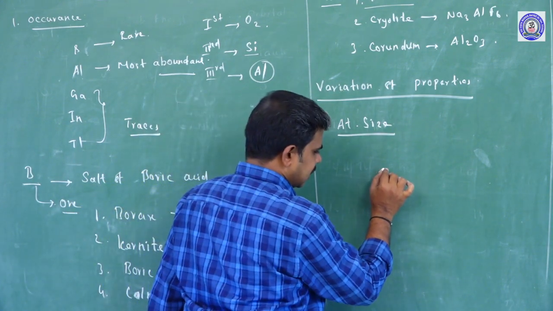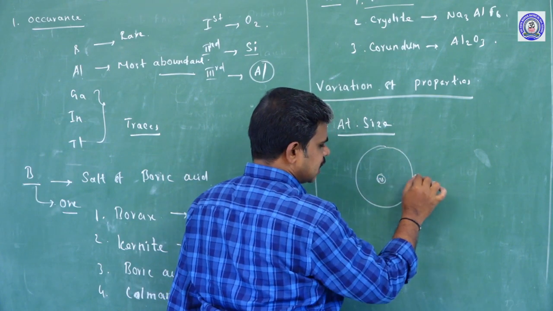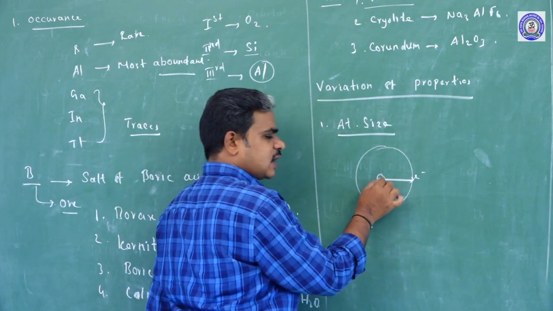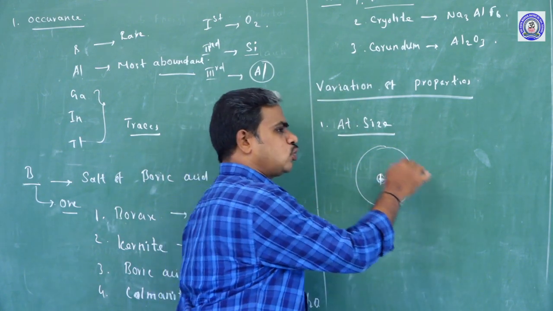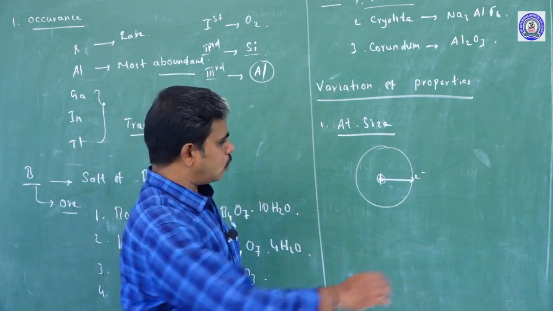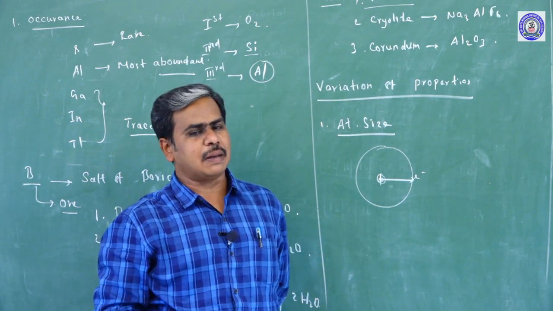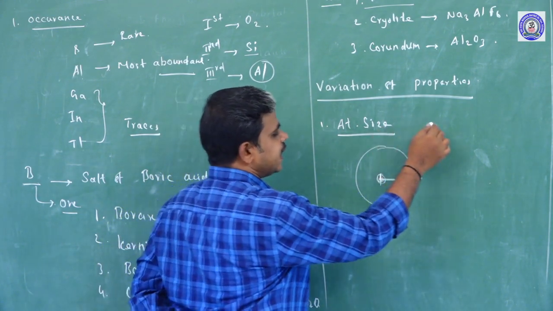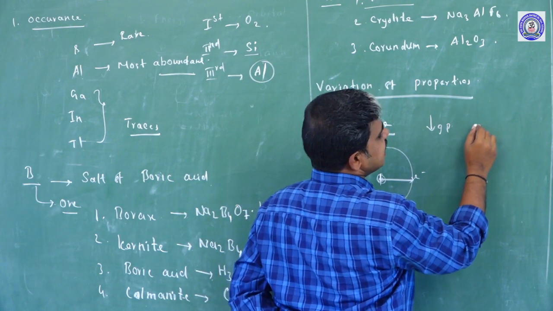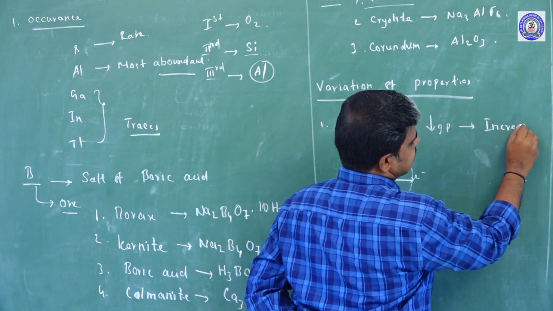Suppose this is a nucleus, and the electron is here. The distance between the center of the nucleus and the outermost electron is known as atomic size. Now, atomic size down the group, what will happen? Down the group it increases.